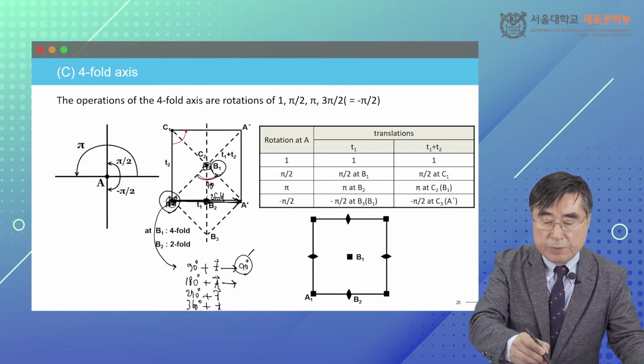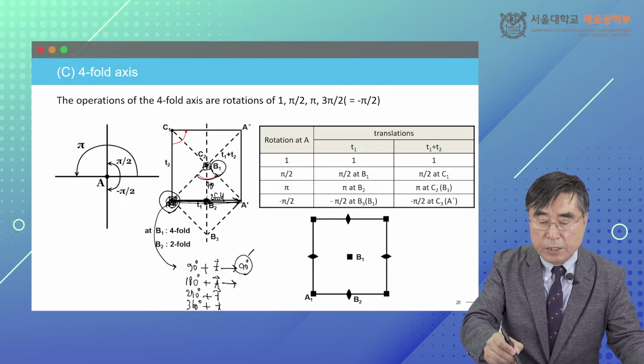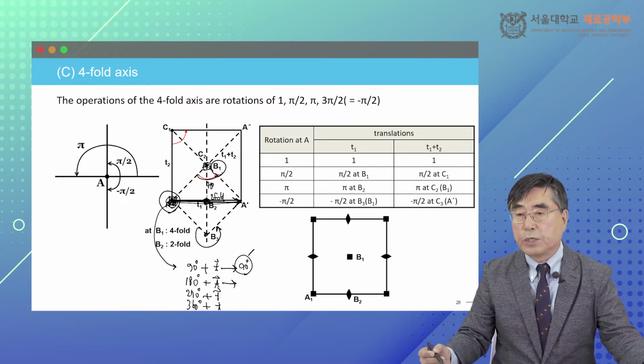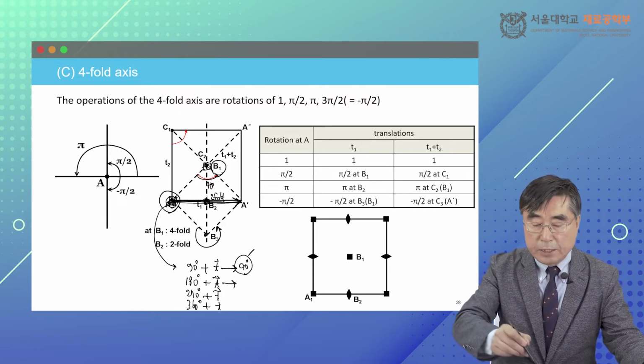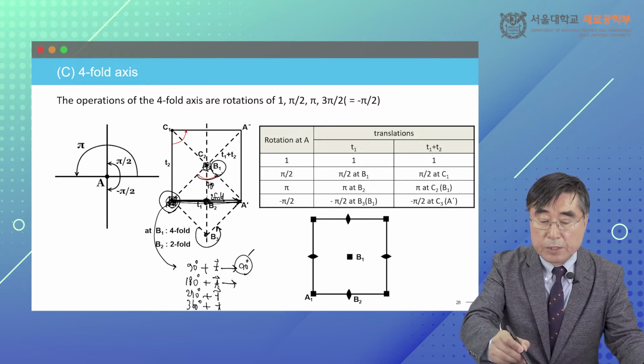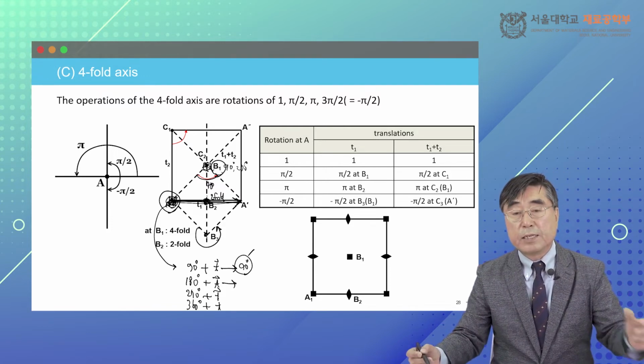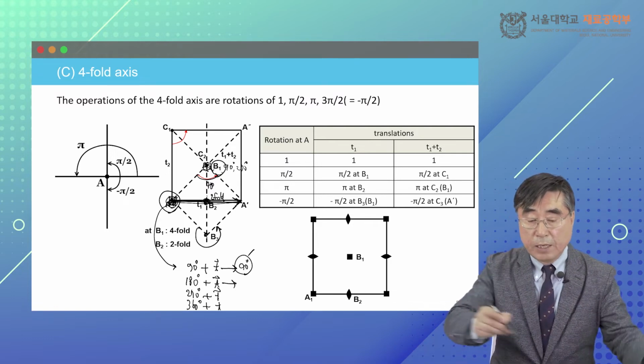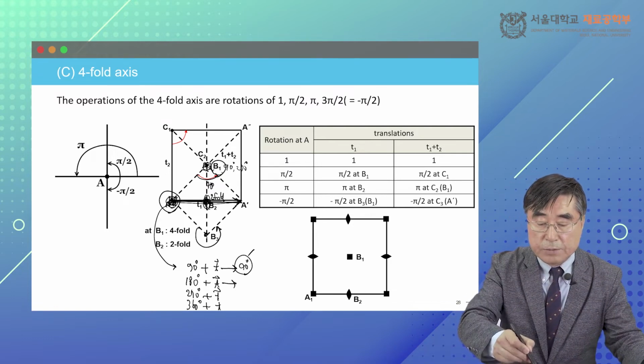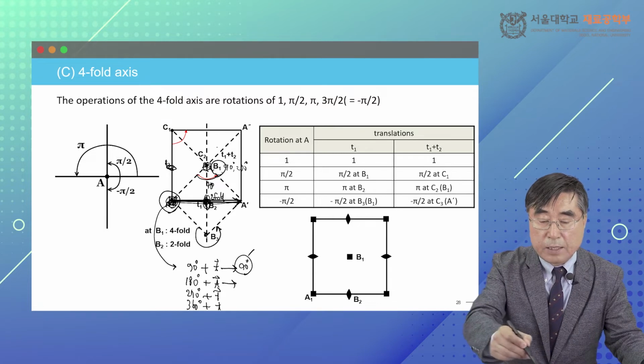With the 270 degree rotation and translation here, this point has the 270 degree rotation elements, and this point is the same as this point. So this point has 90 degree and 270 degree rotation elements, which means it has fourfold symmetry. But along the bisector lines of this translation vector, it only has twofold symmetry elements in there.